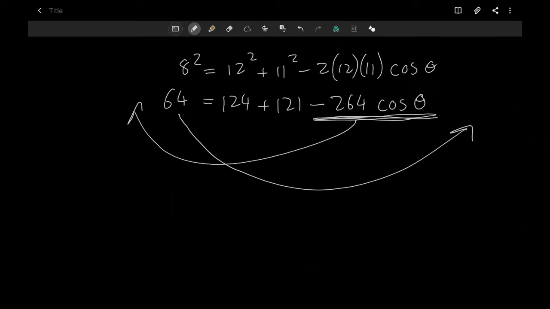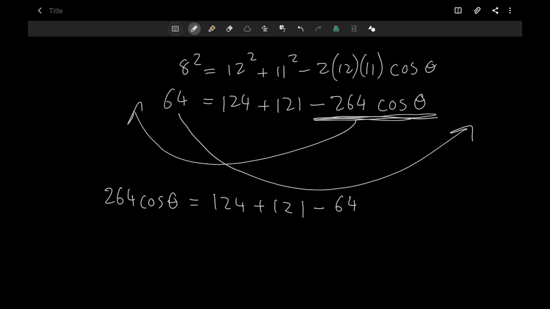When we move the minus 264 cos theta over to the left-hand side, it becomes 264 cos theta equals 144 plus 121, and because we brought the positive 64 over to the right-hand side, it becomes a minus 64.